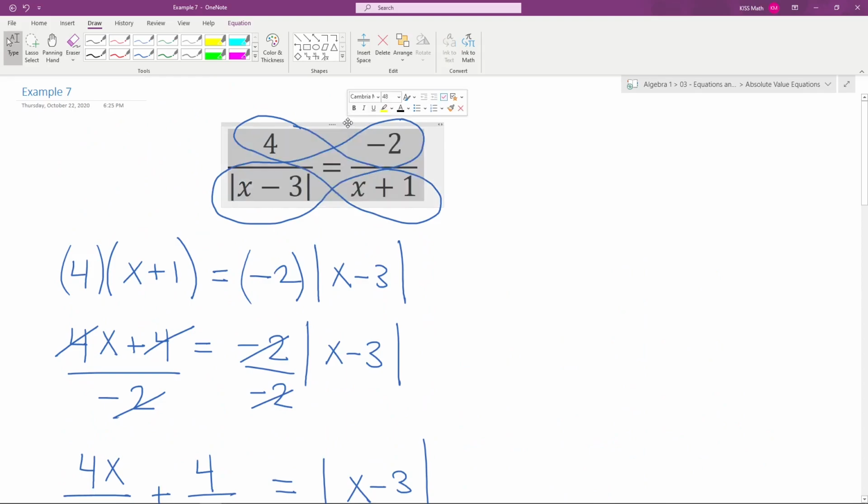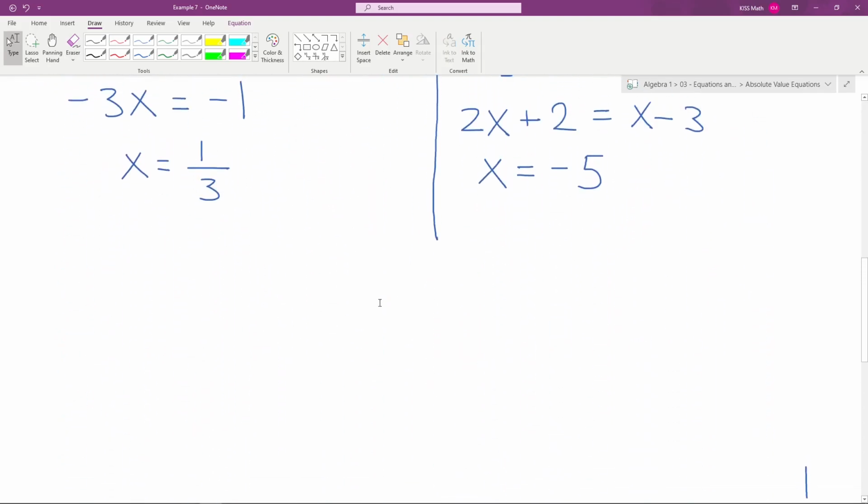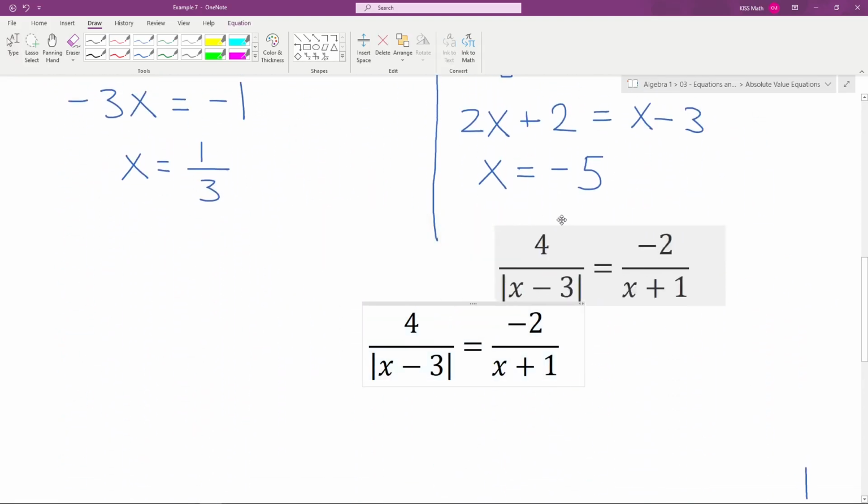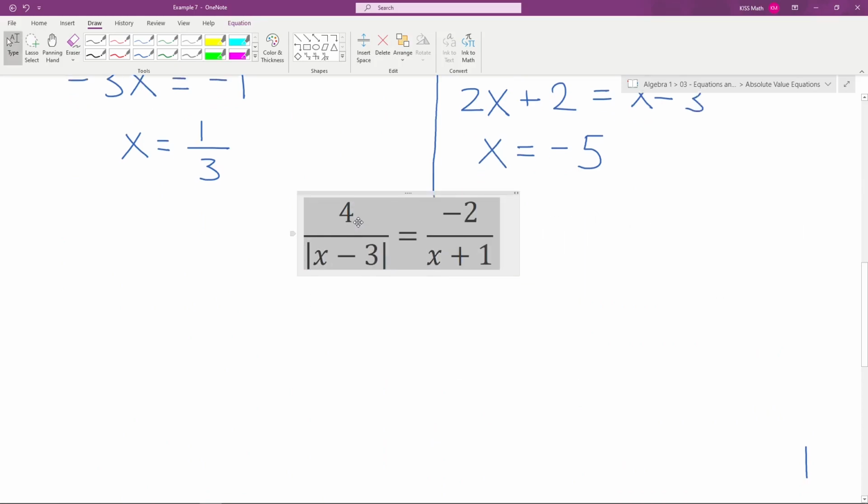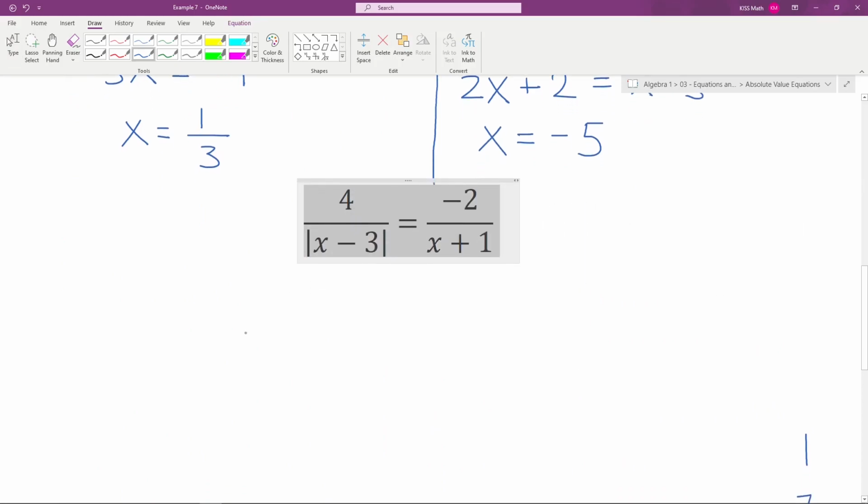I will take the original equation now and plug them in to see what I get. So let's do 1/3 first. 4 over 1/3 minus. So another way to write 3 would be 9 over 3.